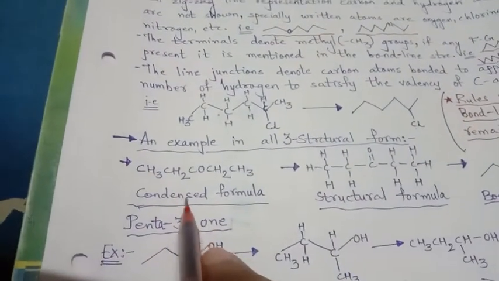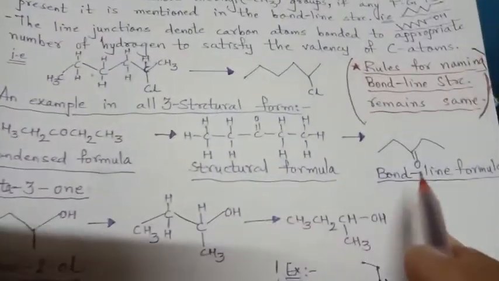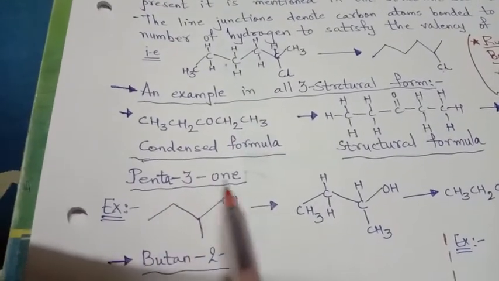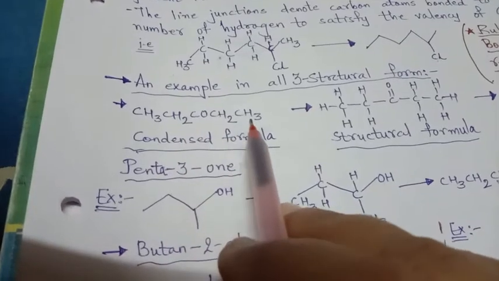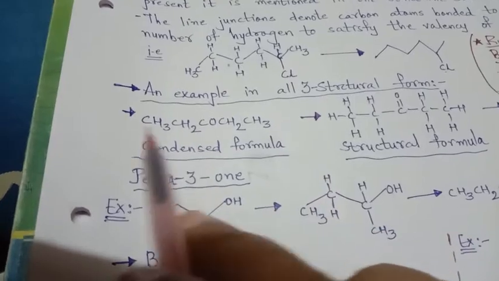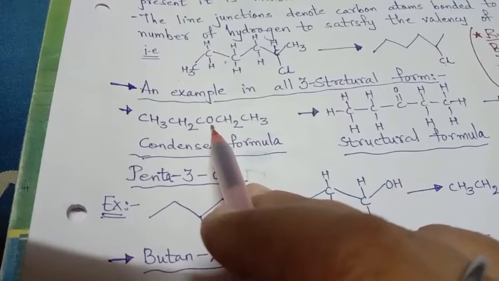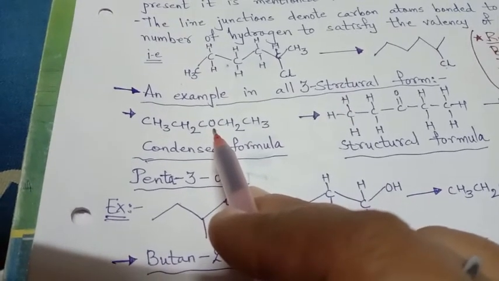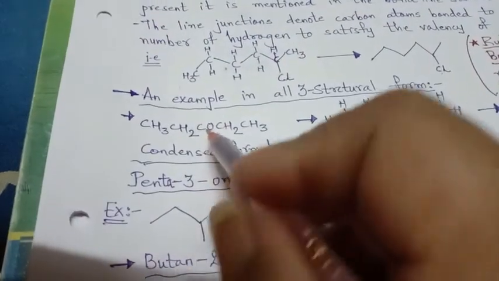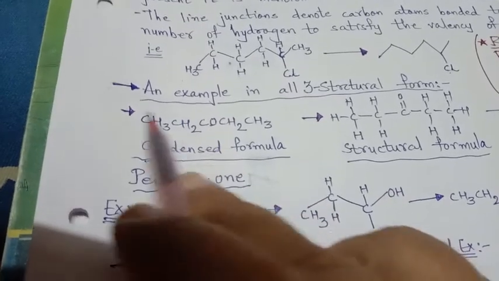See here, one example is taken, which is written in condensed formula, structural formula as well as bond line formula. So what is this? See, pentan-3-one. 1, 2, 3, 4, 5. Five carbons in the longest chain. This side or this side, but what is here? The ketone group is in the third position. So it is 1, 2, 3, 4, 5, pent. And now see 1, 2, 3.